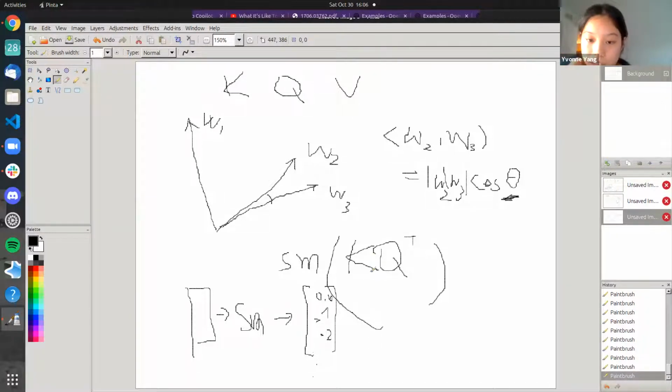Jonah asks, how do we compute K and Q here? How are they related to W1, W2, and W3? That's a good question. I don't actually know. The paper did not talk about attention so much, because it's supposed to be a well-established procedure at that time.